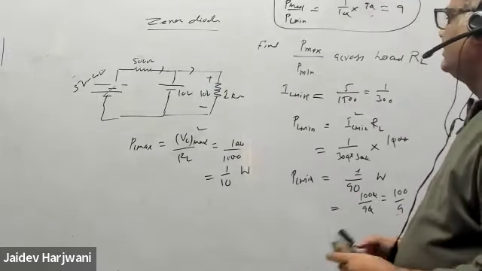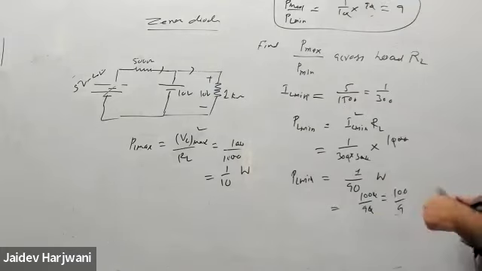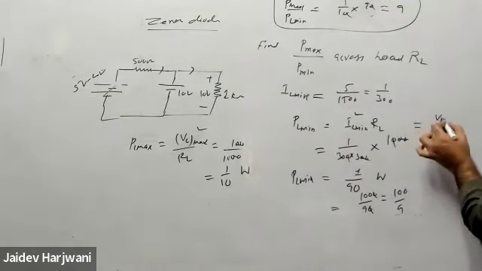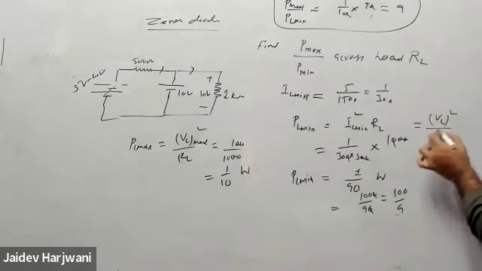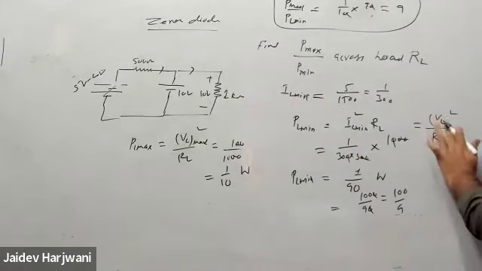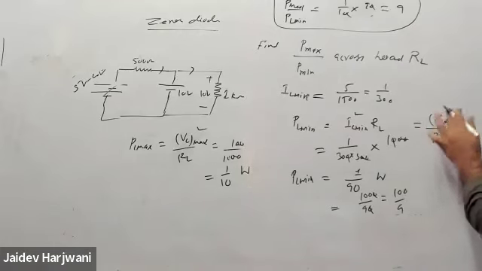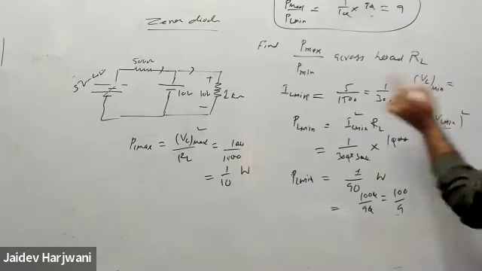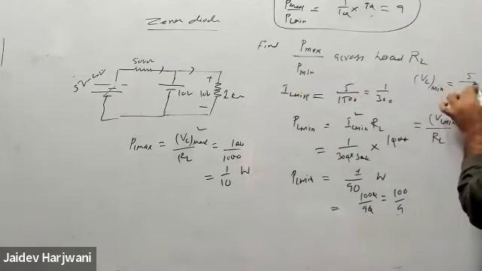Okay. If you don't understand this one, you can directly calculate PL minimum like this. PL is VL square upon RL. So VL square minimum, and VL minimum will be when you are applying 5 volt, that is 5 upon 1500.